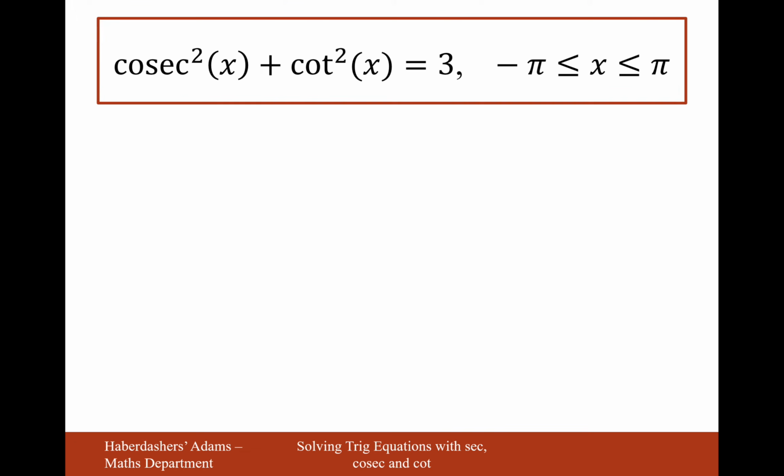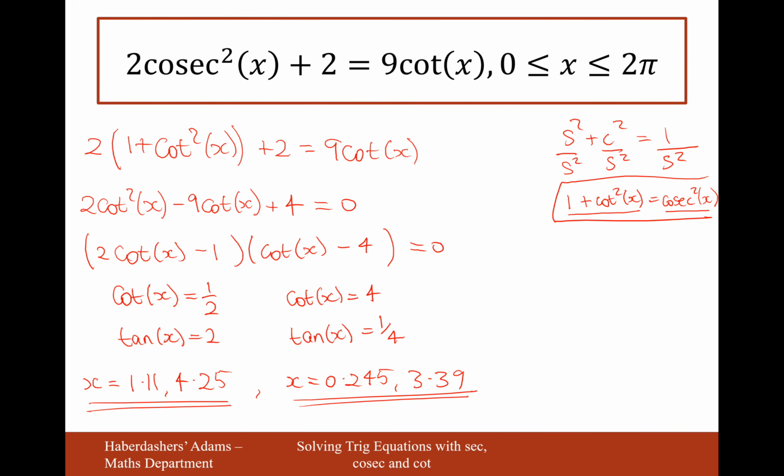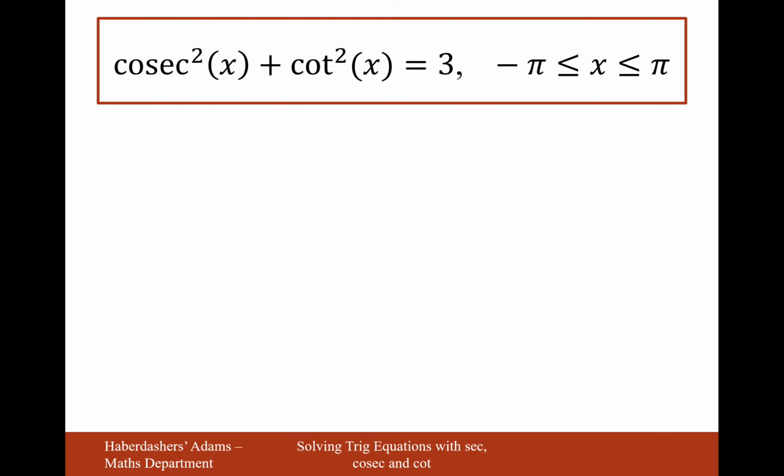And in this one, we could turn one of them into the other one. There is a rule, if I just look backwards, I can cheat. 1 plus cot squared x equals cosec squared. So I can choose which one I fancy turning into the other one.